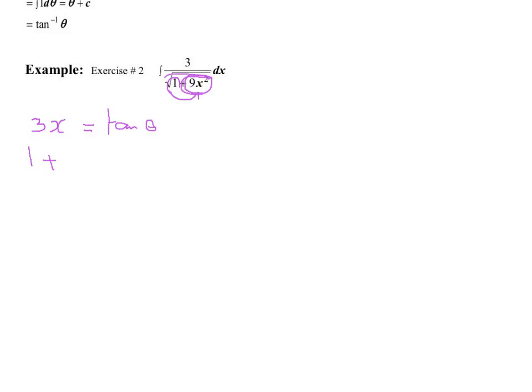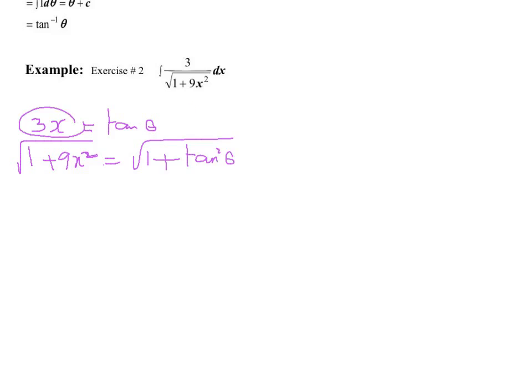So we are going to calculate now this root of 1 plus 9x square, which is the square root of 1 plus tan square, so this is equal to secant square theta, root of which is secant theta.